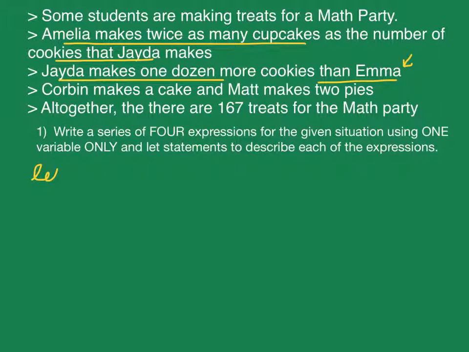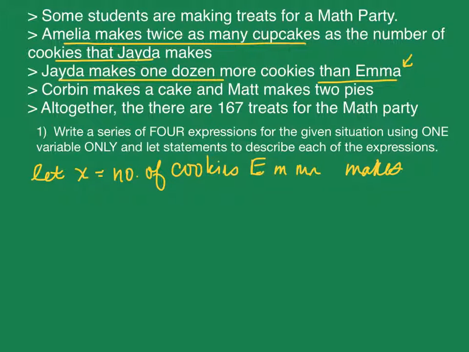So I'm going to write my first let statement. Let x equal the number of, what is Emma bringing? Cookies. Emma brings, or makes. Yay, homemade goodies. I can't wait for this math party. That's the next.